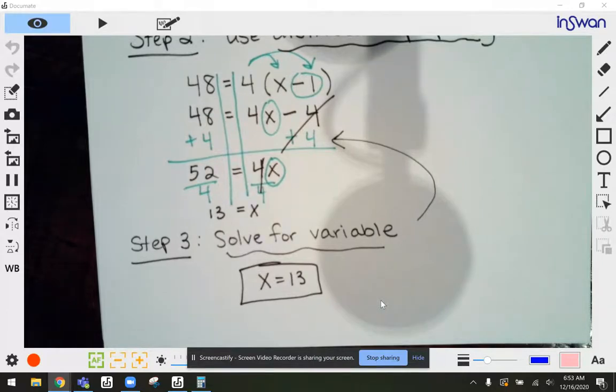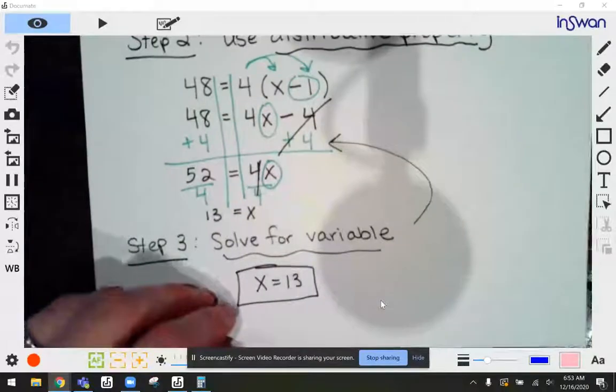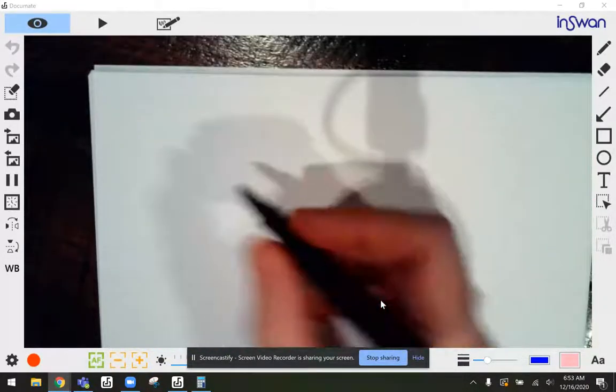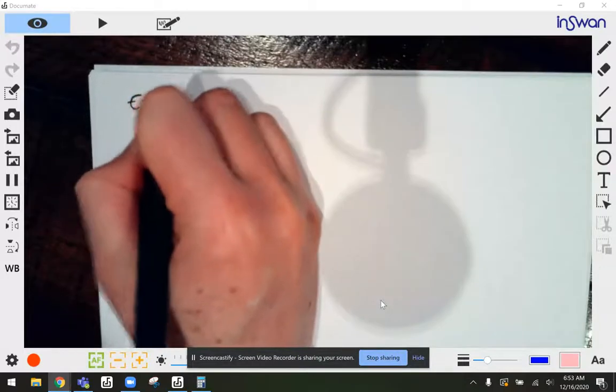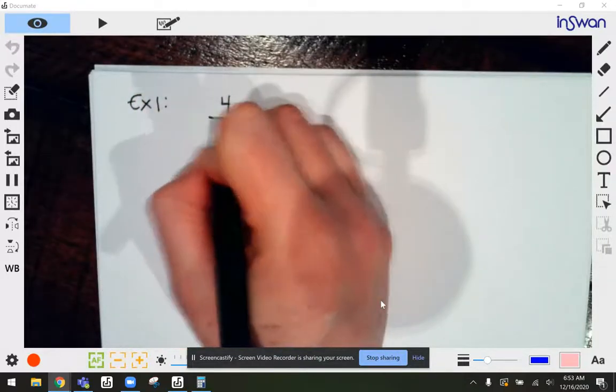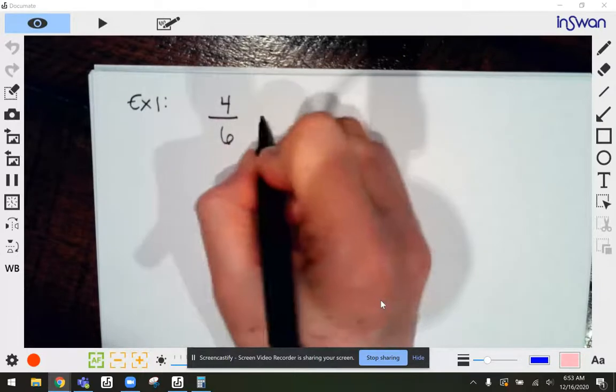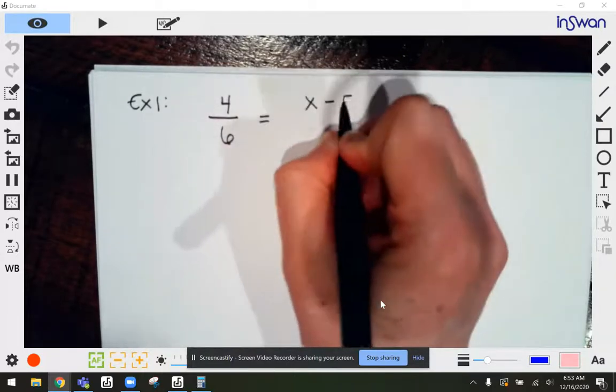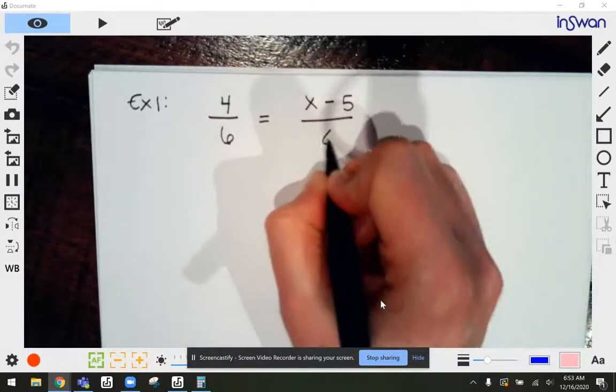All right, so we're going to do a few more examples, one more with me and then 2 try on your own so you can get used to this. So let's do this example. 4 over 6 equals x minus 5 over 8.